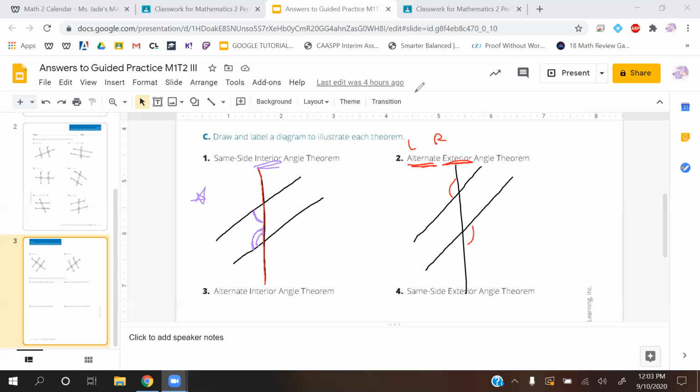And this time, notice that they both have just one curvy line to illustrate it, because these are the same measure. They are congruent angles. So since they are congruent, I can illustrate them both having one curvy line, one arc, to represent that.